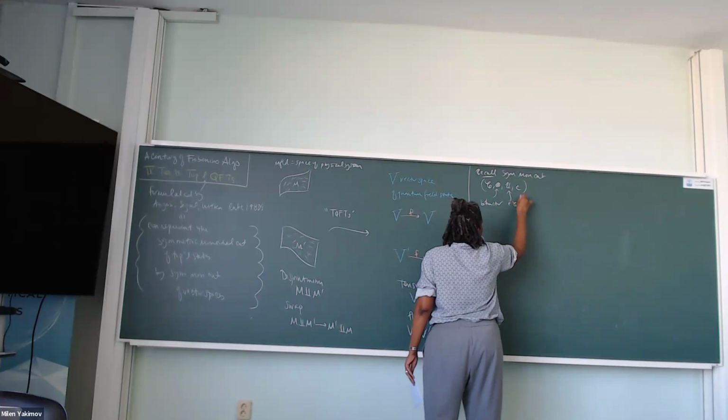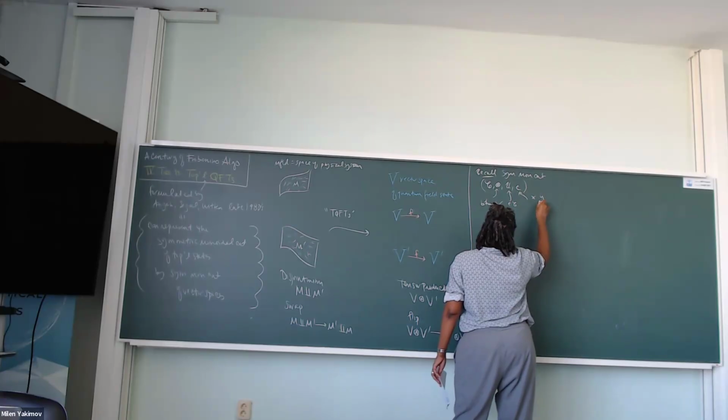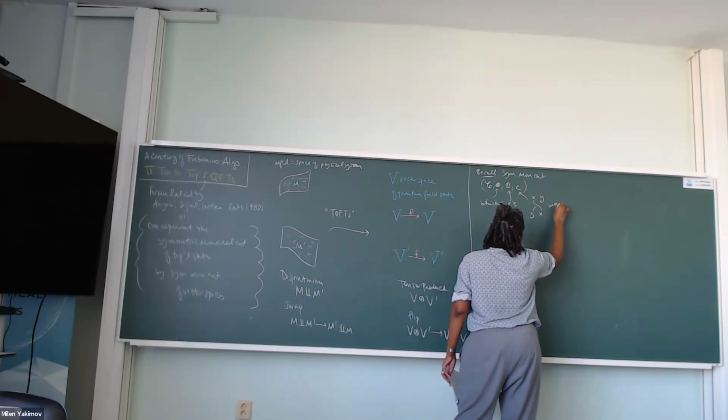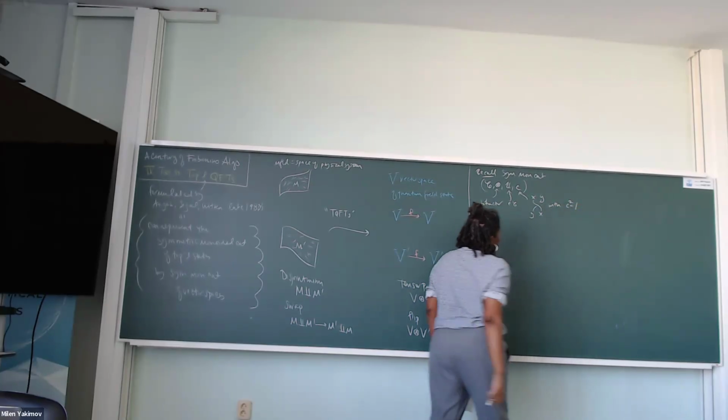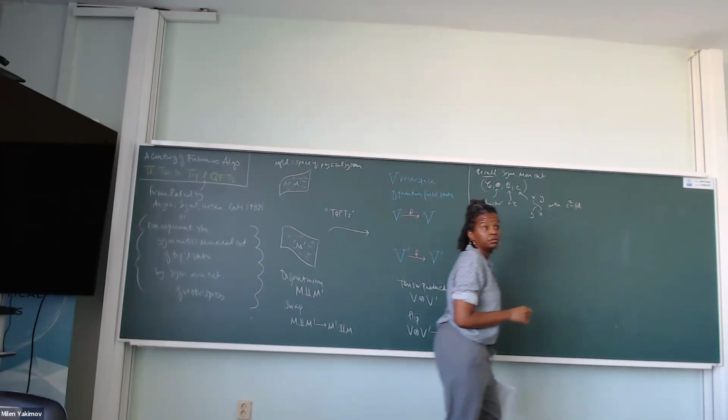Essentially, this is a way of taking two objects X and Y and being able to swap across the monoidal product. But because we're requiring symmetric, if you apply the swap twice, you get the identity.